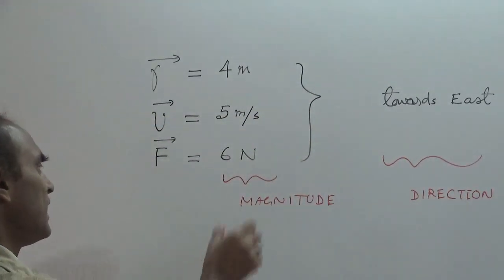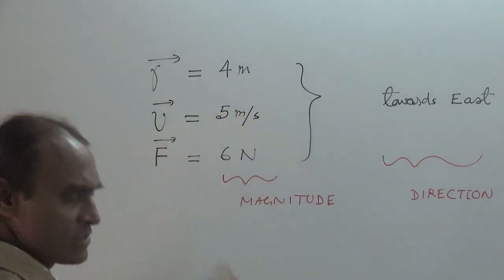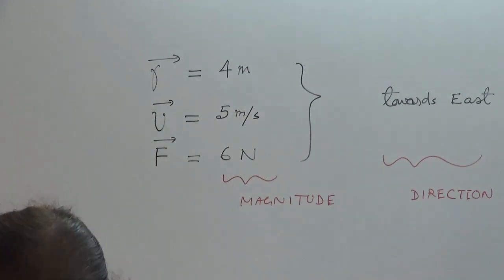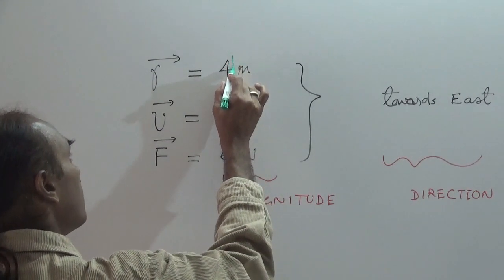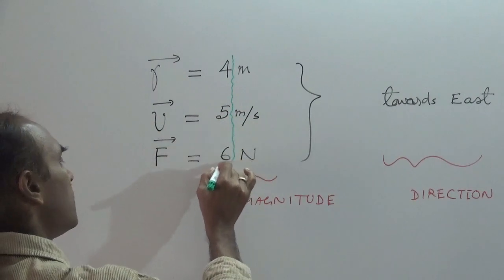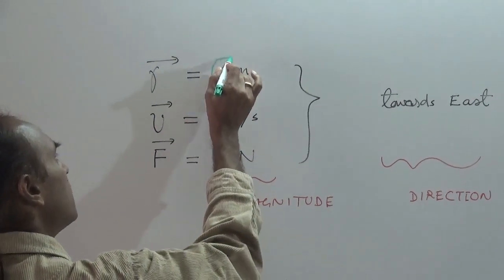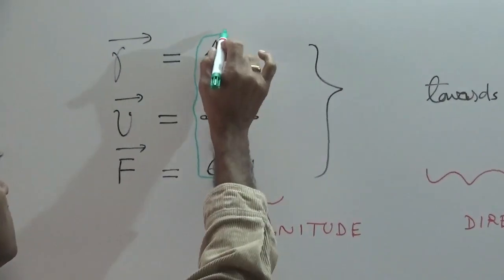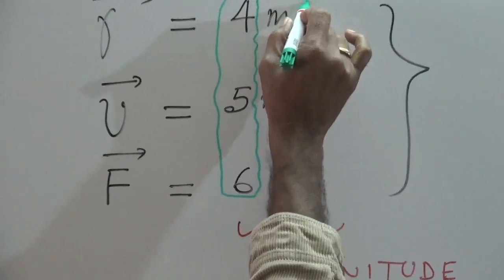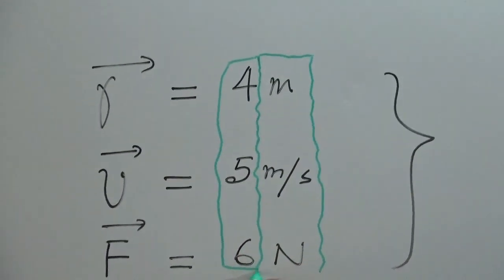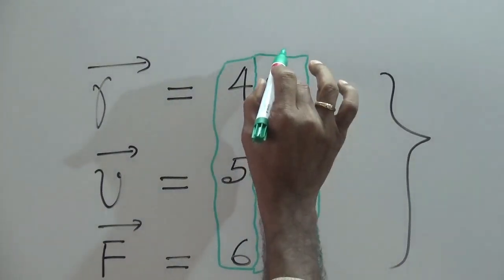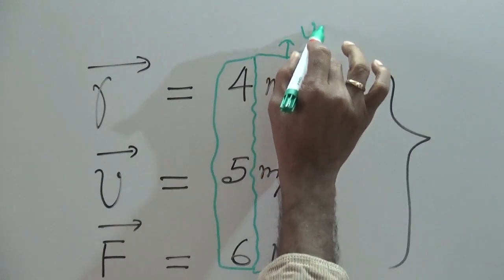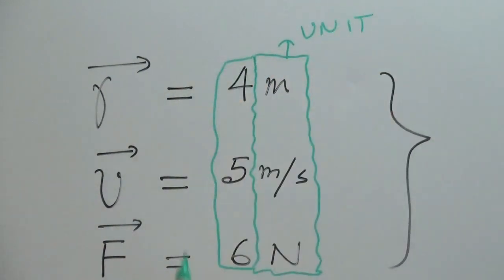You may note that in magnitude you have two things. This left hand side portion is called the amount, and the right hand side portion is the unit.